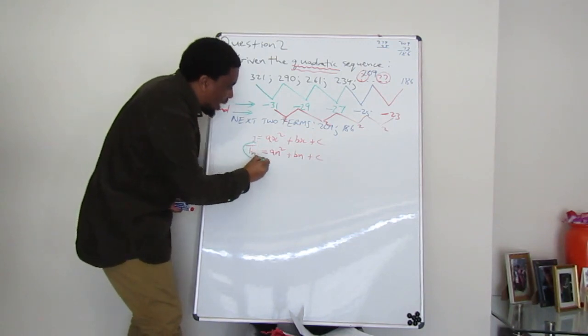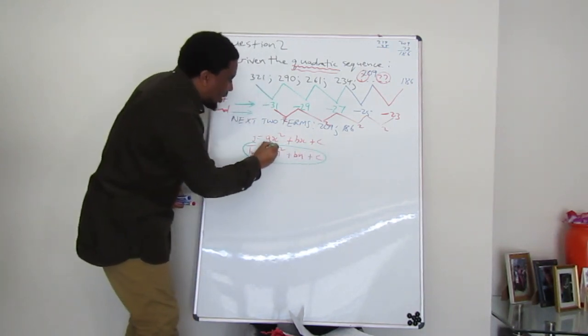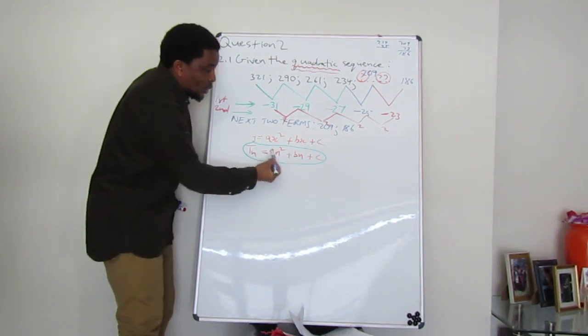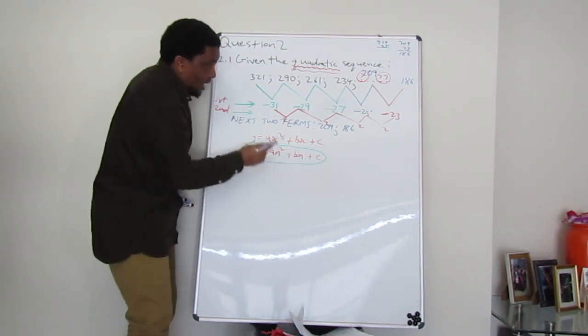This is the equation of a trinomial sequence. That's where this equation actually comes from.